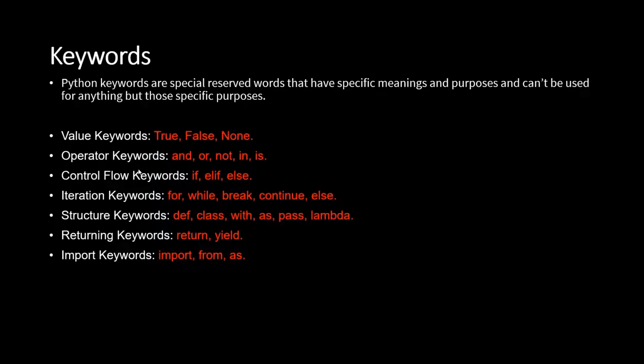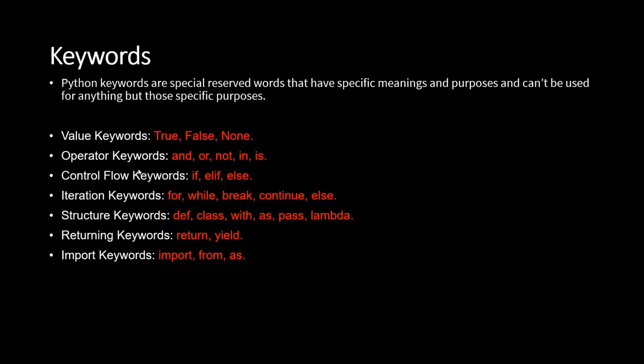These are the keywords present in Python: value keywords like True, False, None; operator keywords like and, or, not, in, is; control flow keywords like if, else, elif; iteration keywords for, while, break, continue, else; structure keywords def, class, with, as, pass, lambda; returning keywords return, yield; and import keywords import, from.